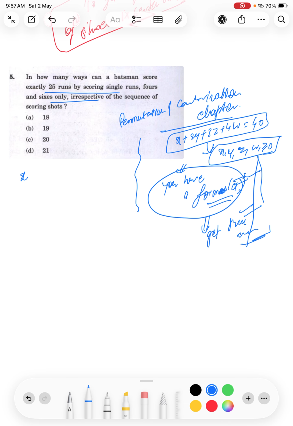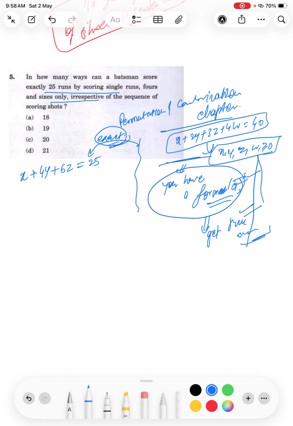You have x single runs that he has scored, then he has scored y fours, so 4 times y, and then he has scored some z sixes, so 6 times z, and this should sum to give you 25 runs. So exact same question.